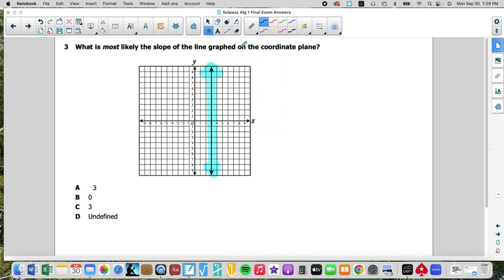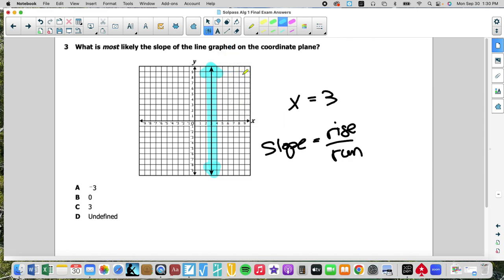So I know my equation here is going to be x equals 3. So what is most likely the slope of the line? Doesn't tell me the slope, but that's the equation for the line. And then the slope, remember, is rise over run. So rise, if we pick 2 points on this line, if we pick that point and that point, it rises 1, 2, 3.